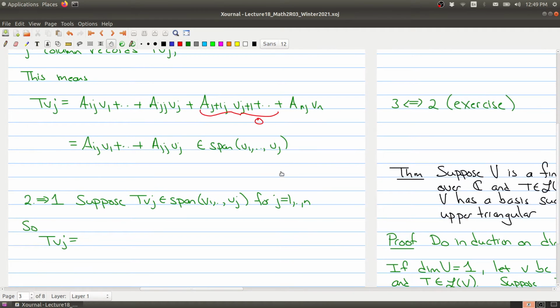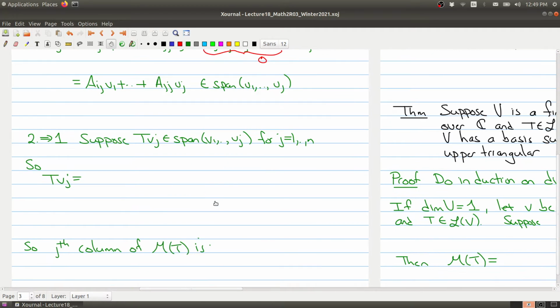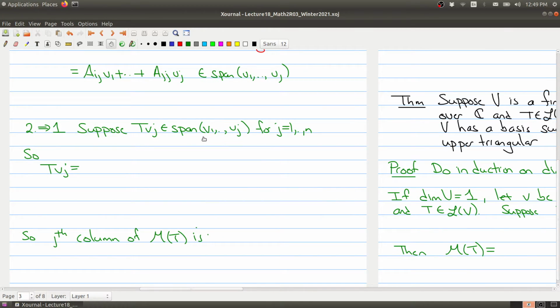Okay, what about the converse? Let's say now we take a vector that's in the span of v_1 to v_j. This means that Tvj, because it's a linear combination of these vectors, can be written as b_1 times the first vector plus b_2 times the second vector all the way to b_j times the last vector.